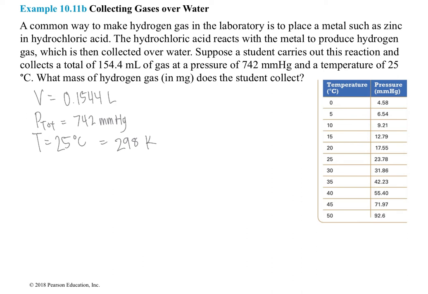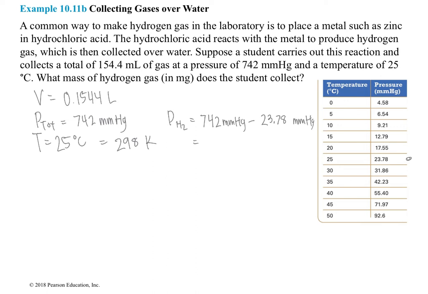So we're going to find the pressure of the hydrogen gas by subtracting the total pressure by the pressure of water at 25, which is 23.78 millimeters of mercury.